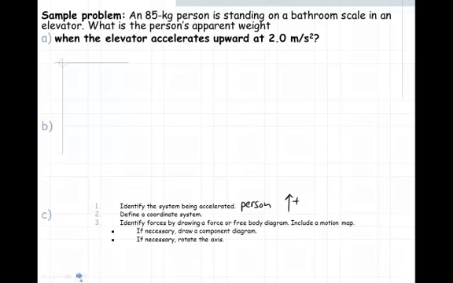We want to identify the forces by drawing a force diagram or free body diagram and include a motion map. So this is actually really important in this problem. So let's look at what's happening. It says the elevator is accelerating upward at 2 meters per second squared. So what that means in our motion map is that the velocity is increasing on the way up.